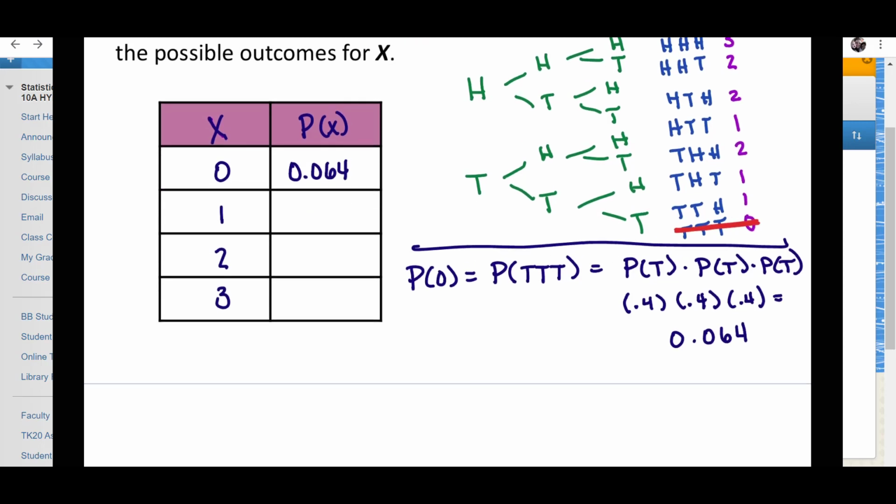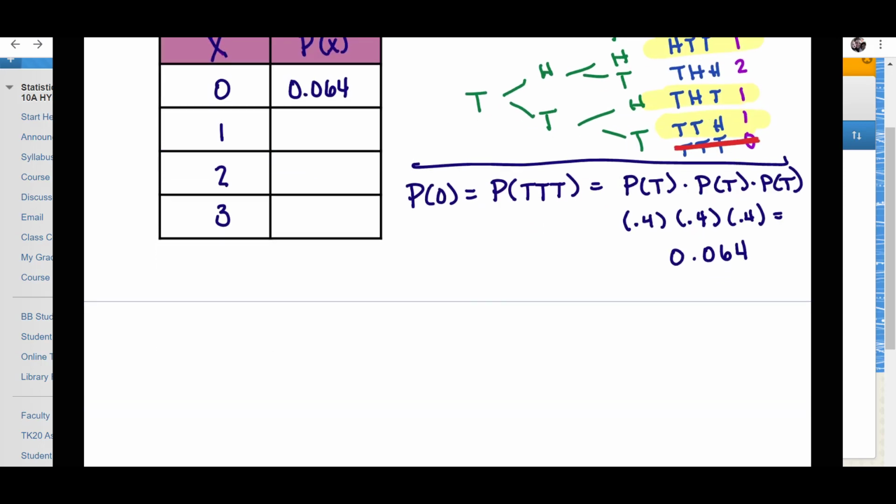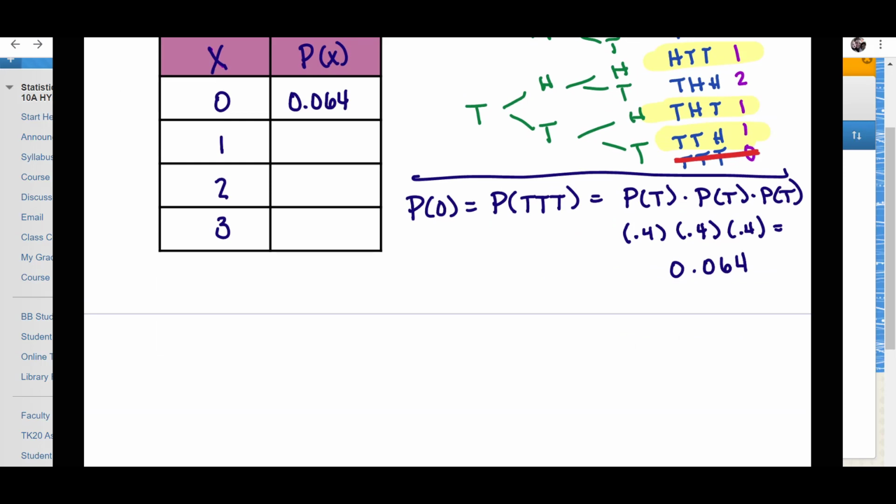So how can we get 1 head? So let's highlight these. 1, 1, 1. There are 3 ways that it can happen, right? So let's write this out. What's the probability that we have a total of 1 head?